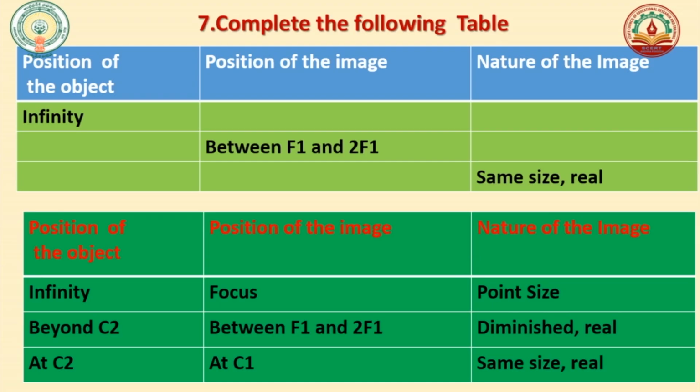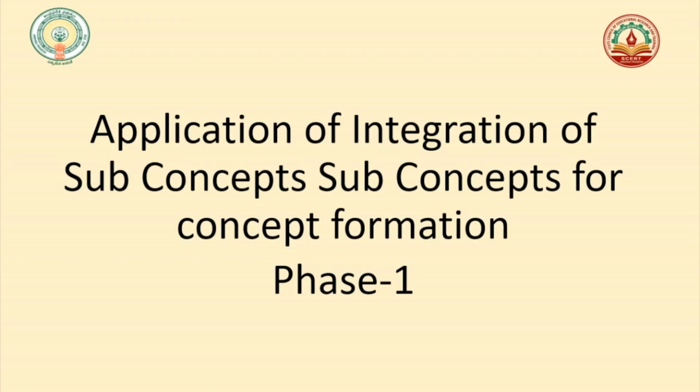And then we shall proceed to the next aspect: we have already learned so many sub-concepts, and we have to check whether the integration of these sub-concepts can be applied in a proper way.